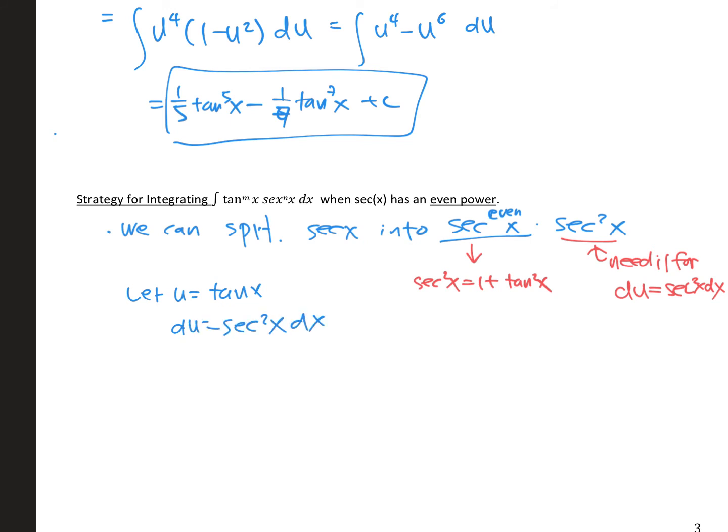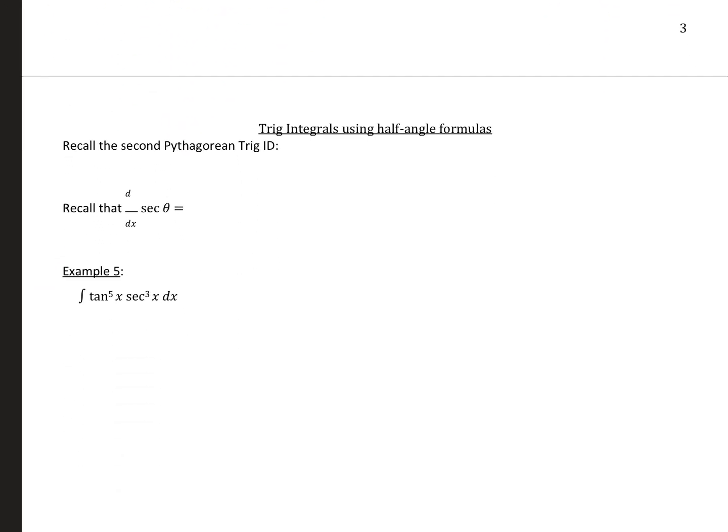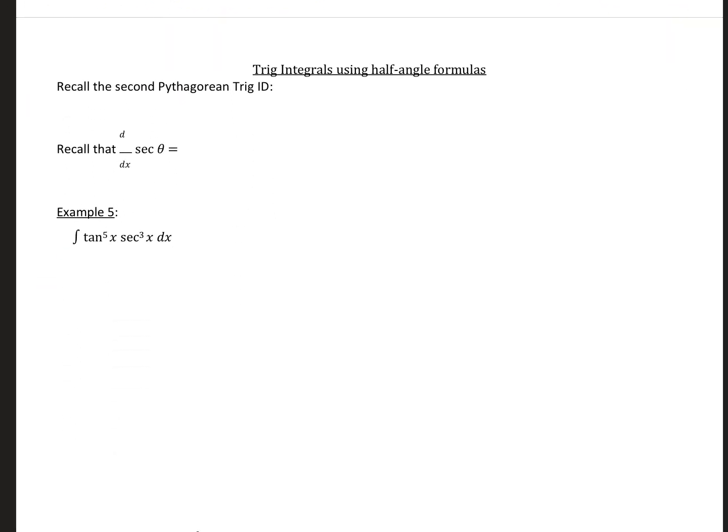All right. Let's look at the next case where it's the other way around. Another idea we're going to use again is that 1 plus tangent squared is equal to secant squared. But now I'm going to use the fact that the derivative of secant is secant tangent. Here I notice that the powers of tangent and secant are both odd, so I kind of don't know what to do.